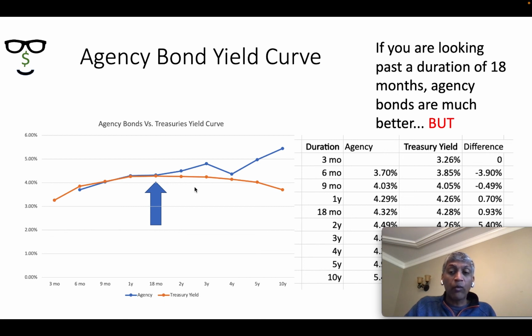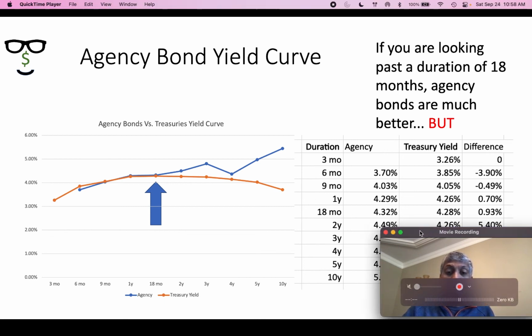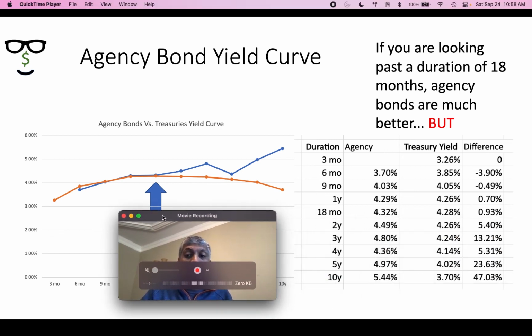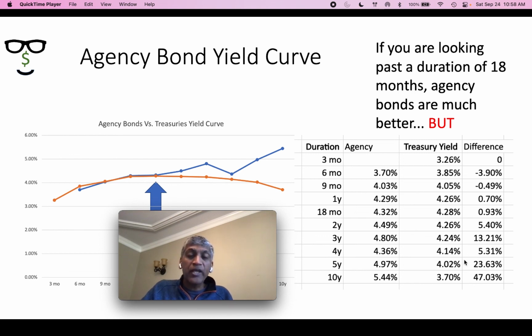And I want to be very, very clear about this. The appearances are deceptive. I've shown here exactly the percentage difference between treasuries and agency bonds. And as you can see, in some cases, agency bonds give up to a 47% higher yield than treasuries as of this date.